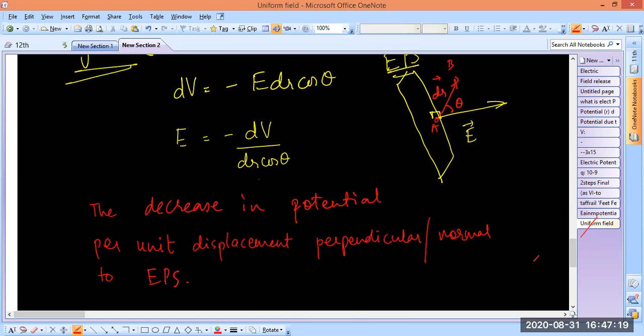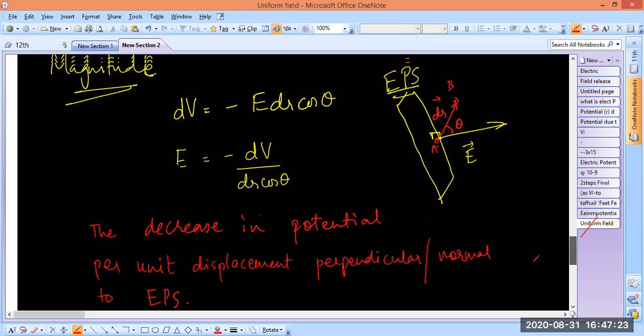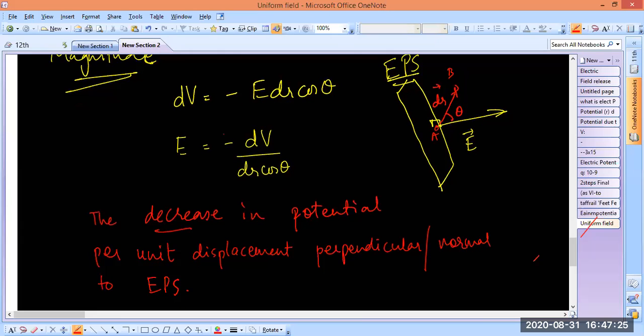How did I make this sentence? Let's read this. Okay, decrease in potential. What is the meaning of decrease in potential? All right, minus dV is decrease in potential. We talked about it earlier, right? Okay. Then what is dr cos theta? Look at this diagram. We have dr vector.